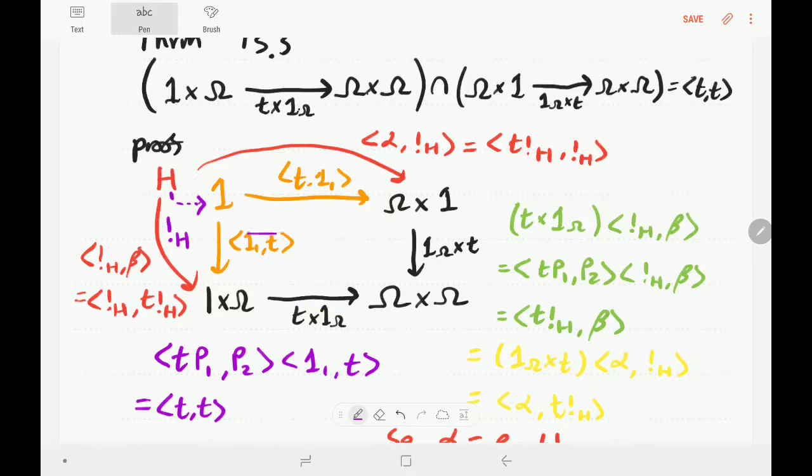So t times 1 after this is going to be t p1 comma p2 after this, which will be t comma t. So this diagonal is t comma t, which is the intersection of t times 1 omega and 1 omega times t.